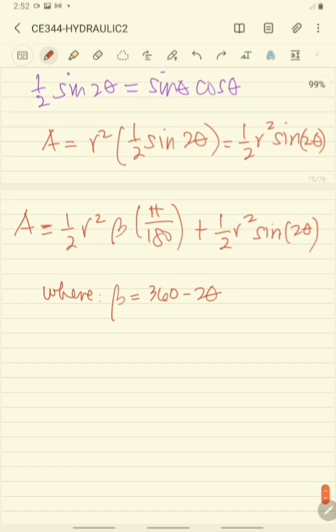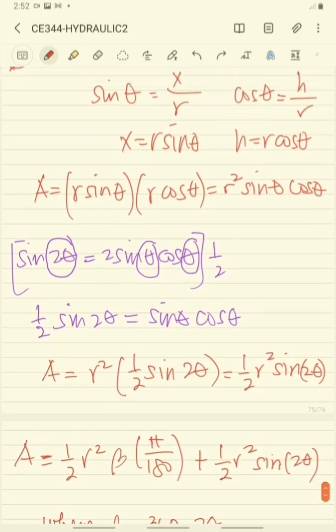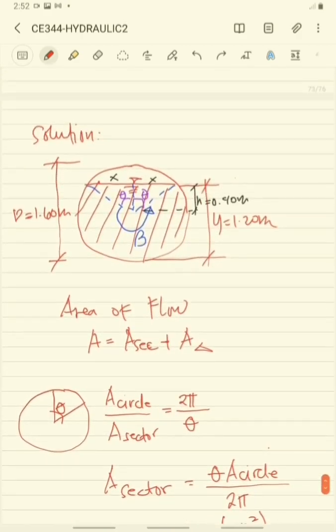We can determine the theta value because h is given.